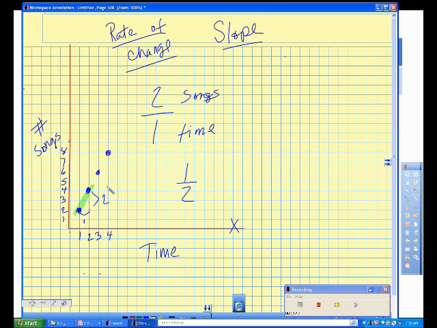So if we go back to our other example, this one went to the right 1, and then it went up 2. Same thing here. It went up 2, then it went over 1. So our rate of change in between every single data point was actually the same.